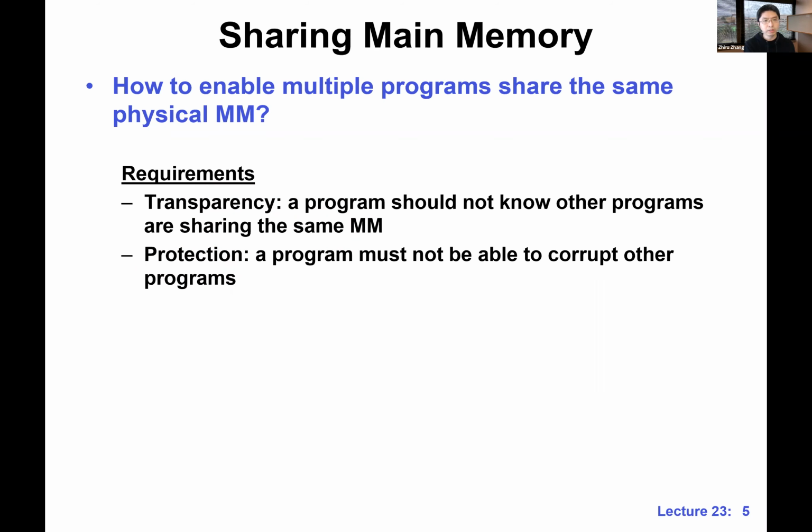There's also this protection requirement, which is also an obvious requirement. One program should not be able to corrupt or disrupt the execution of other programs. Make sense? Although this is actually subtle, there are performance implications when we run multiple things on a single microprocessor, which I'm going to discuss in the next lecture.